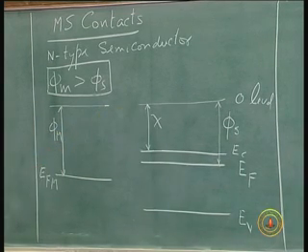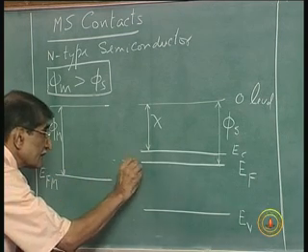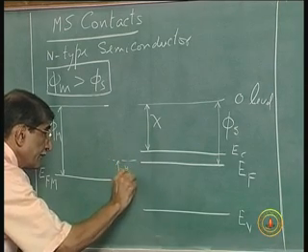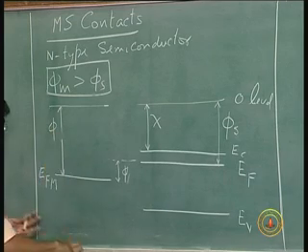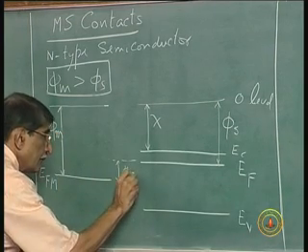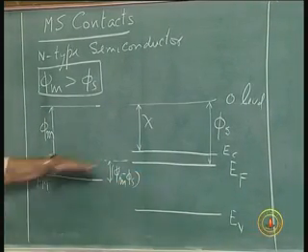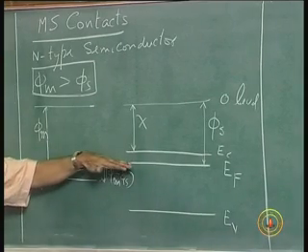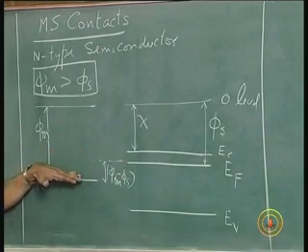Now, notice this difference is phi m minus phi s. The metal Fermi level is above, so the electrons are occupying higher energy compared to the semiconductor.